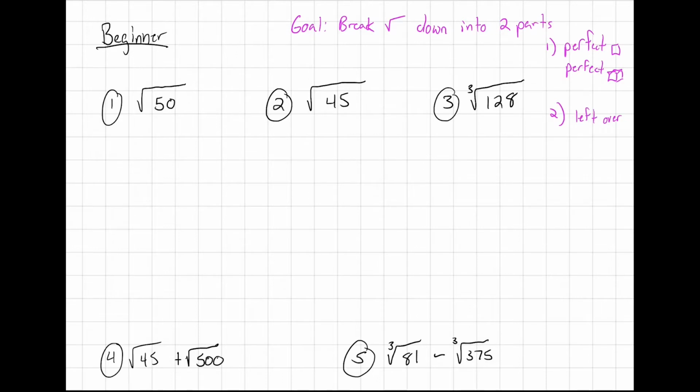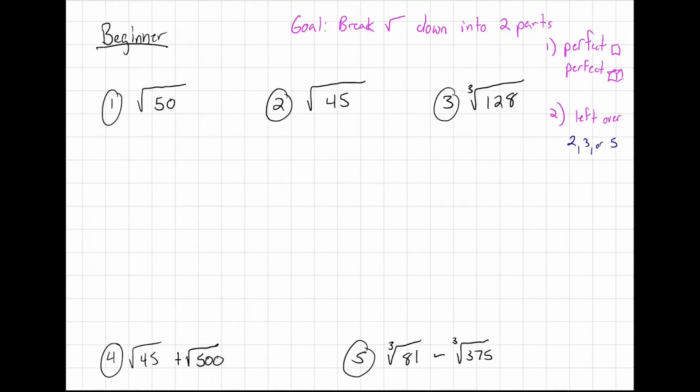So again, our goal today should be breaking things down into 2 parts. The first part is a perfect square or a perfect cube, and the second part is just going to be whatever is left over. As a general rule of thumb, or maybe a trick if you want to think of it that way, the leftover part is usually going to be something like 2, 3, or 5. And you'll see what I'm talking about with that as we get into our problems.